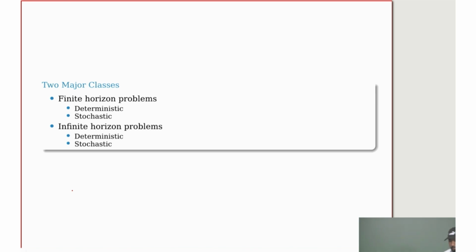Now let us do the real stuff. We will formulate the problems. Now sequential decision making problems could be classified into two major classes: finite horizon problem and infinite horizon problem. Finite horizon problems could further be classified as deterministic and stochastic, and infinite horizon problems could also be further classified into deterministic and stochastic.